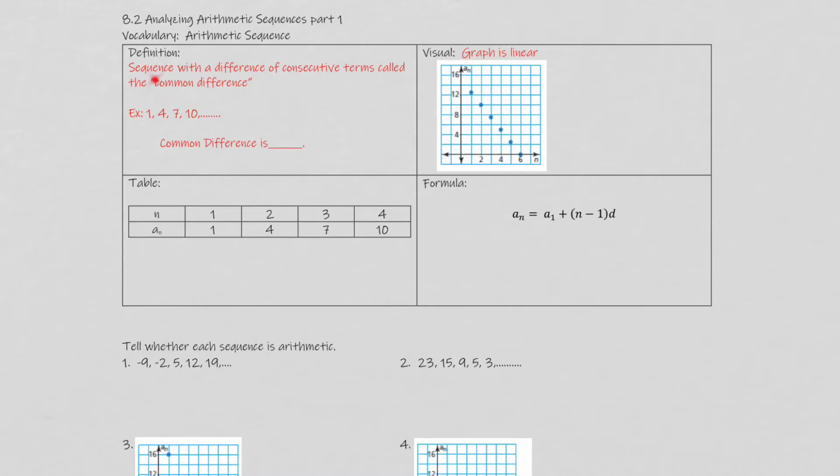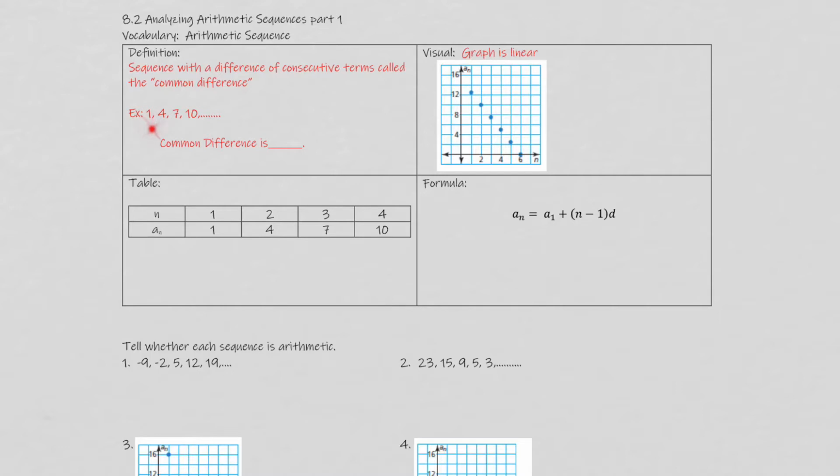You're going to notice here it says a sequence with a difference of consecutive terms called the common difference. So what that really looks like is that I am adding by the same number. For example, in our sequence it goes 1, 4, 7, 10.